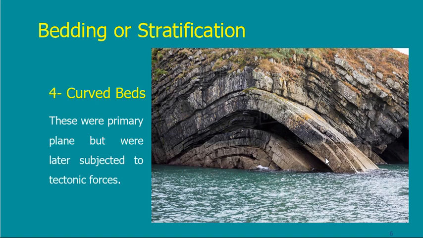It will be curved in shape. This is normal for any material. Rock is a material. So if I have a layer of rock and I compress it from both sides, what would happen? It would either curve upward or curve downward. So this type of rock has been subjected to compression from both sides, resulting in this shape.